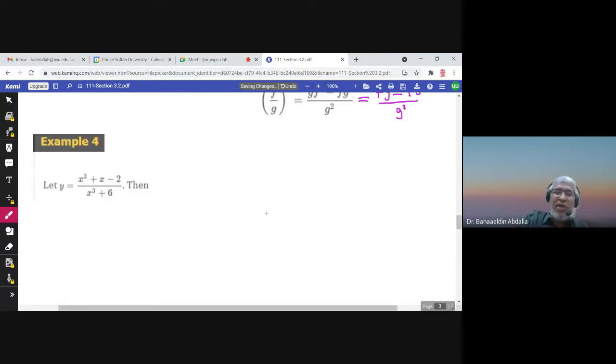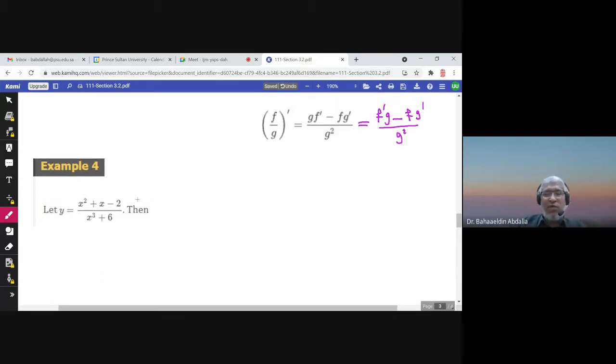So let us apply the rule. This is how to find y prime. Y prime would be, I have x cubed plus 6, so I immediately write x cubed plus 6 to the power 2. This is g squared. And now, the derivative of the numerator.